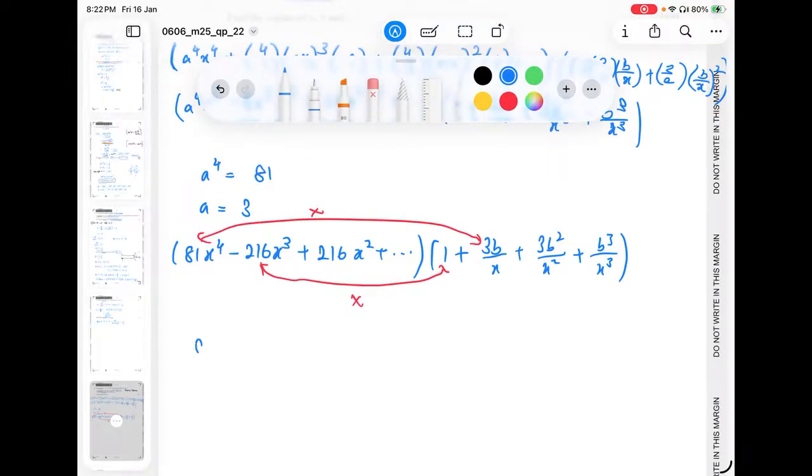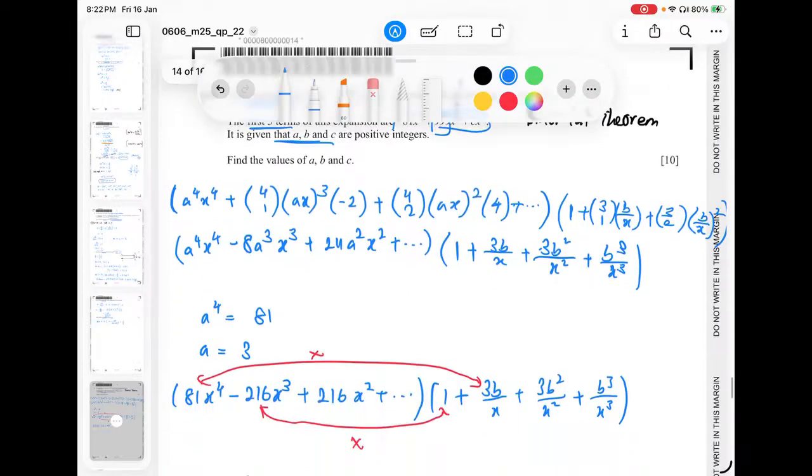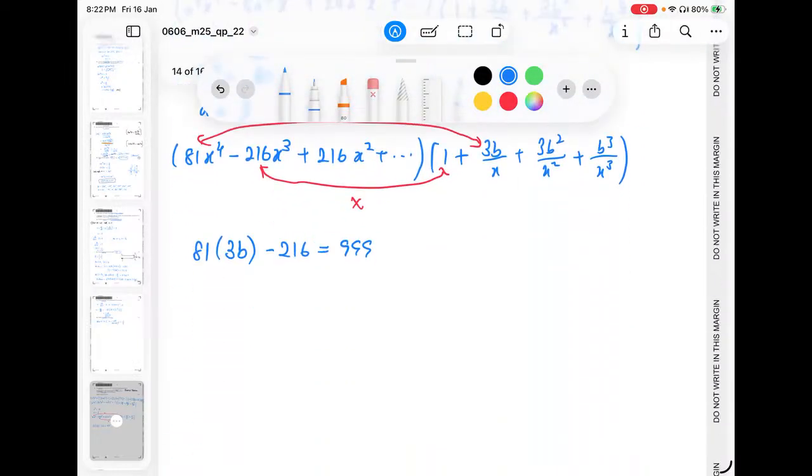So the coefficient here is going to be 81 times 3b plus negative 216, which is going to give you 999 as per the information given here. So now you can find b directly. So 81 times 3b equals 999 plus 216, which should give you 1215. So then b is 1215 divided by 81 divided by 3, which is going to be 5.